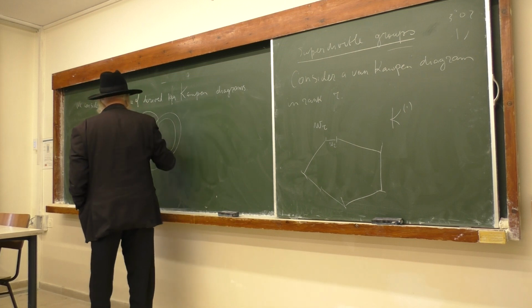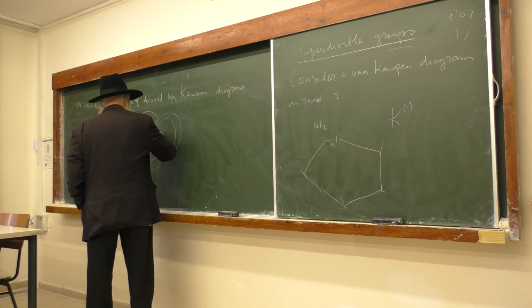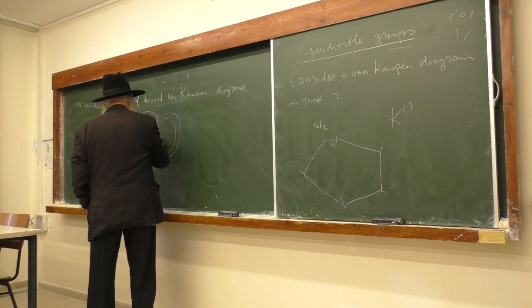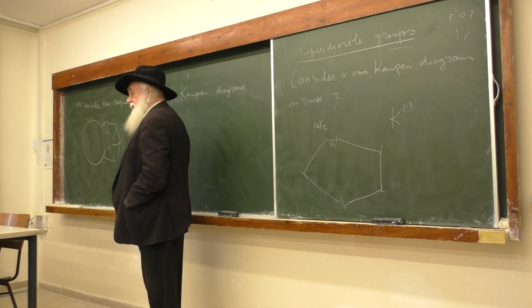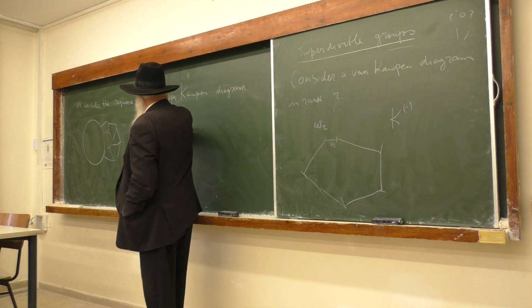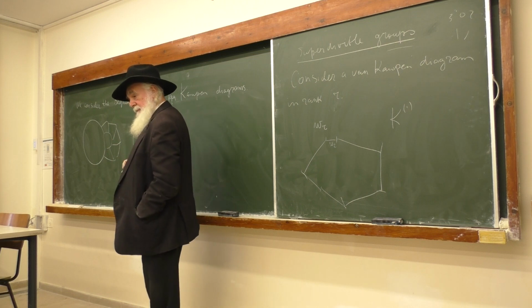Now we have here, say, 2 regions here, 2 regions here, whatever, and then we have the sequence of supposed maps. All these regions would be in between 2 big diagrams.